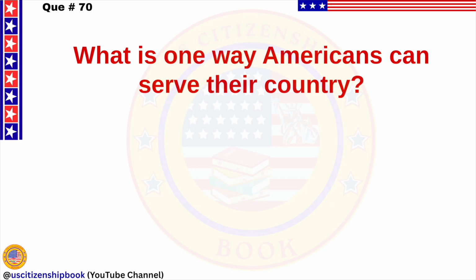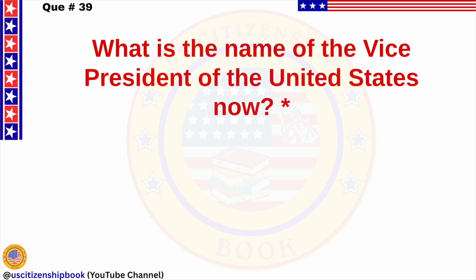What is one way Americans can serve their country? Vote. What is the name of the Vice President of the United States now? J.D. Vance.